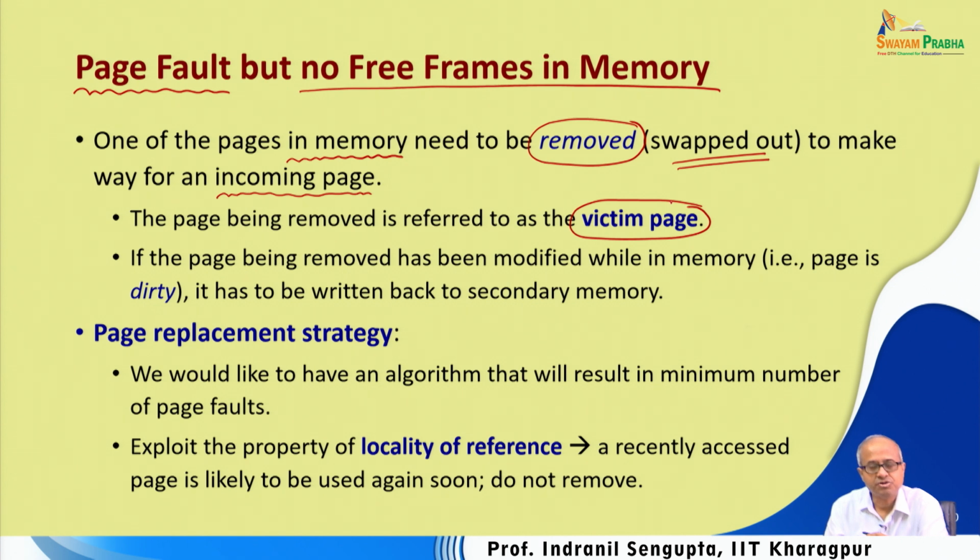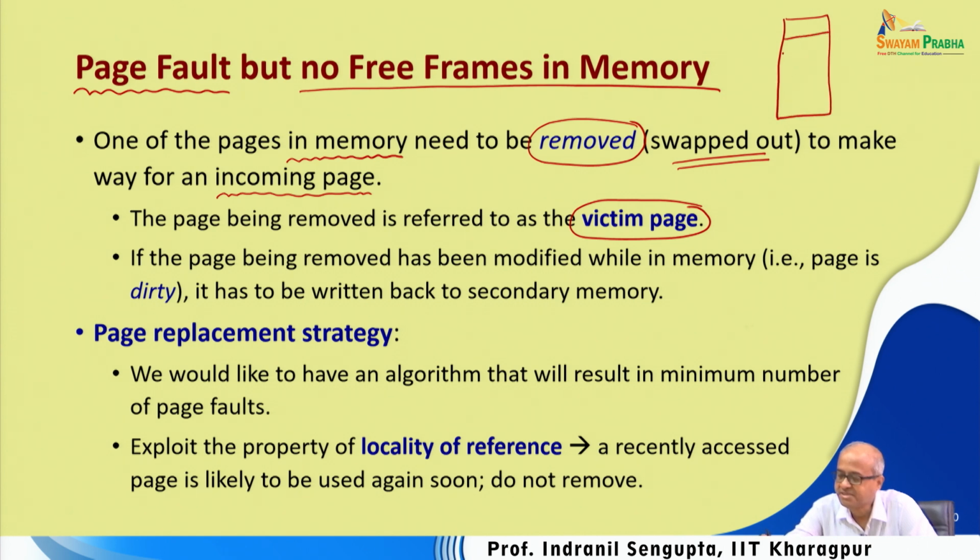Now, I also mentioned in the last class, when you are selecting a victim page, what do you do? So, this is your memory, let us say, and these are the pages. Out of them, one of the pages you are selecting as the victim. So, the victim page has to be removed from memory.